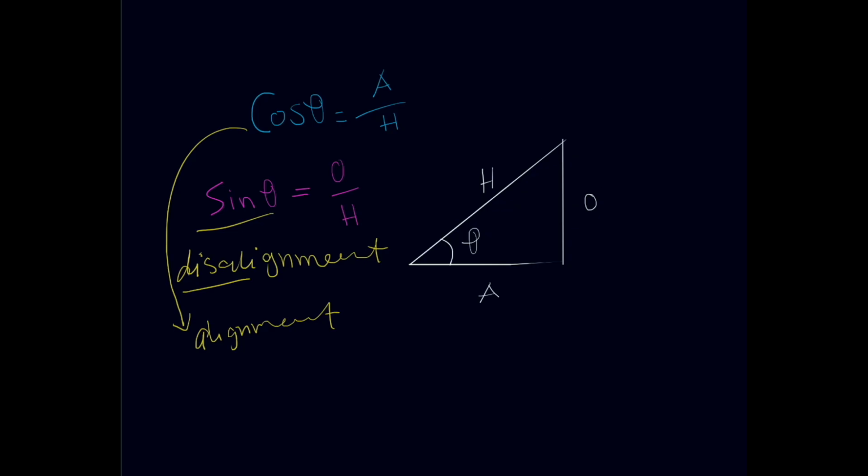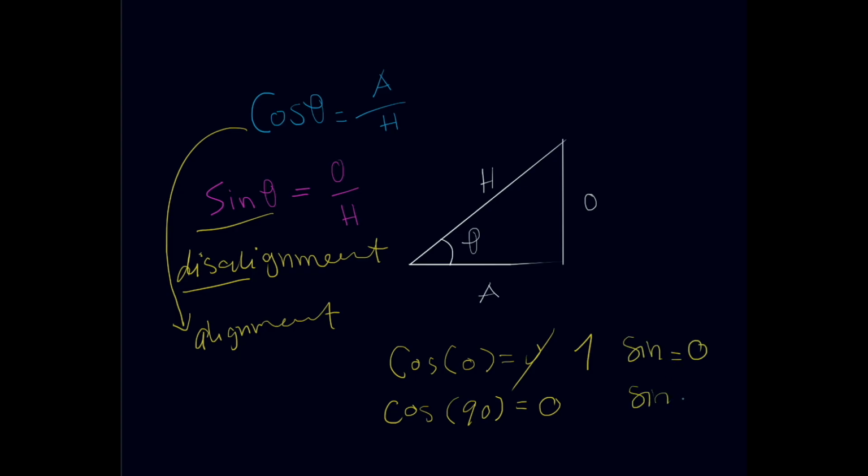This is something that you can try yourself. You can try to prove that cosine of 0 equals not 0, it equals 1. And cosine of 90 degrees equals 0, as opposed to sine, which would equal 0 here, and sine equals 1 here. Conceptually it makes sense because they're standing as opposites to each other.